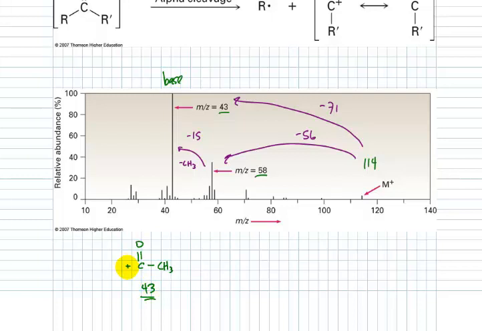So that looks good. This looks like it came from alpha cleavage. So the base peak came from alpha cleavage. So we know we have a methyl ketone. One methyl ketone up to 43. I need 71 to get up to 114.